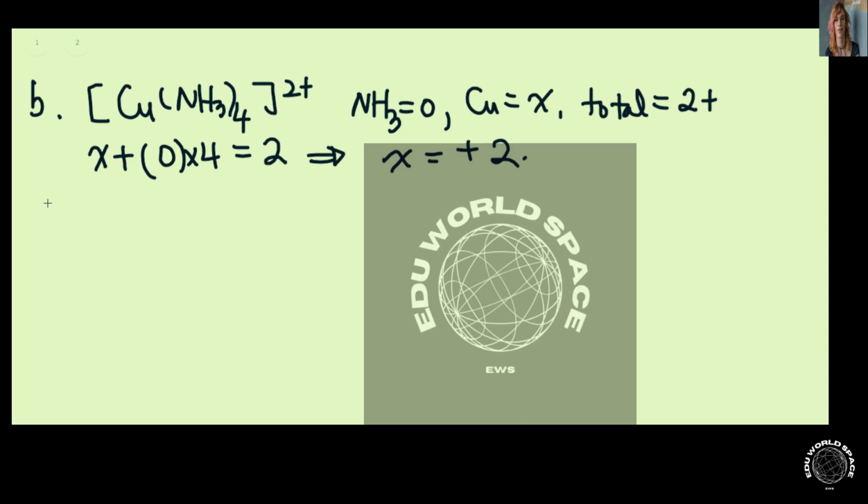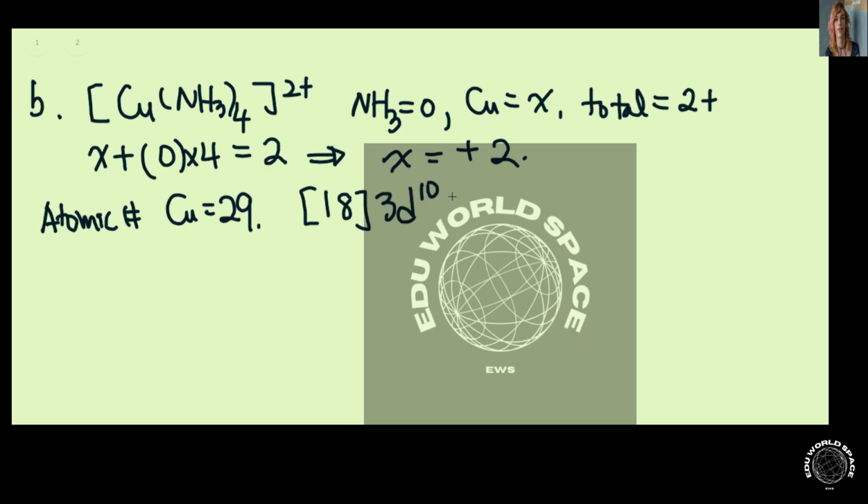And we know the atomic number of copper is 29. So the electronic configuration of copper is [Ar] 3d10 4s1.